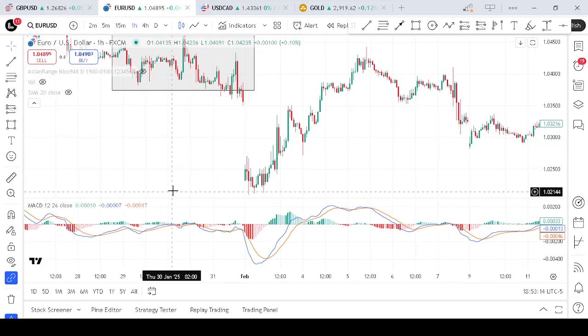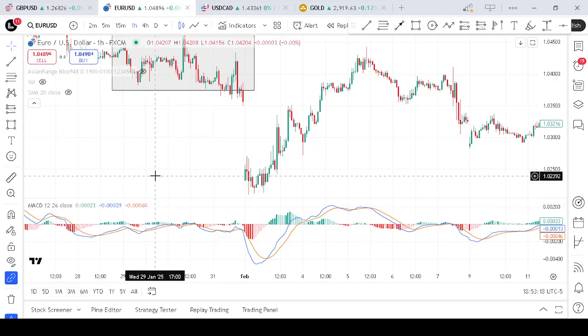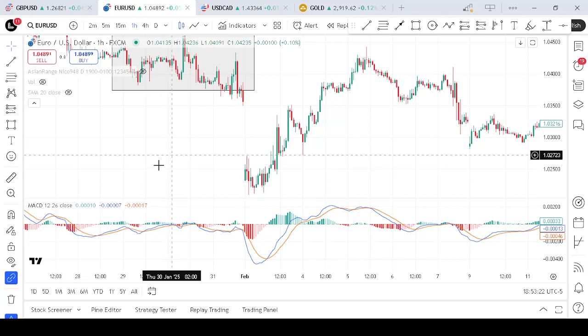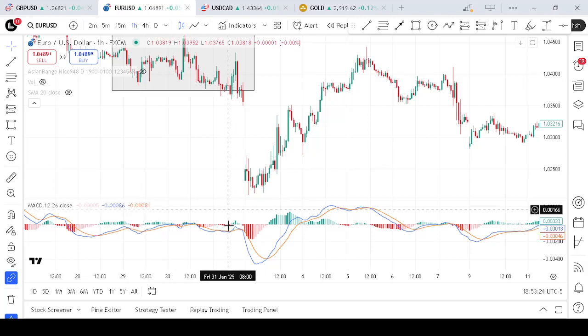In this strategy, traders look for specific signals that suggest a potential breakout. One common approach is to watch for the MACD line to cross over or below the signal line.